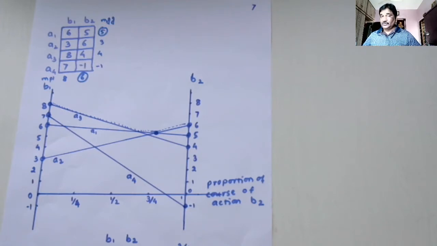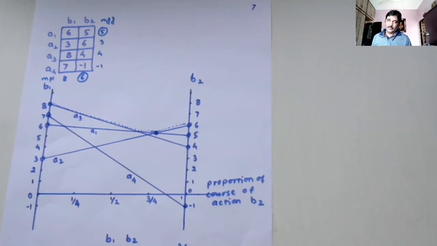But one thing you must make sure: for solving it by the graphical method, there must be two rows or two columns in the game. Two rows or two columns, right? Might be initially you have a 4 by 4 game, and by dominance it ends up as 4 by 2.